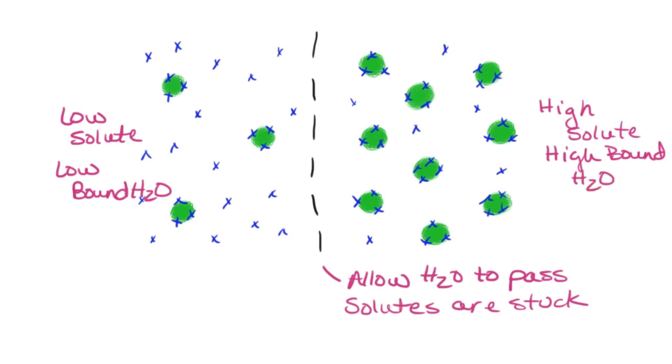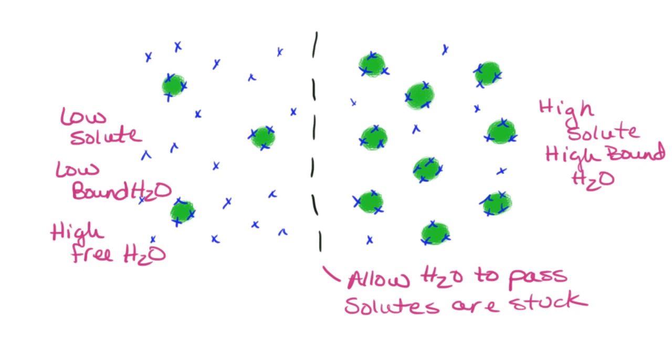The part that we're really the most interested in, though, is the free water concentration. So notice what happens when you have a low solute concentration. When you have low solute, that means that you're going to have a higher free water concentration. As the solute goes down, less and less of the water is going to be bound to solute, because there's just not much solute for the water molecules to surround.